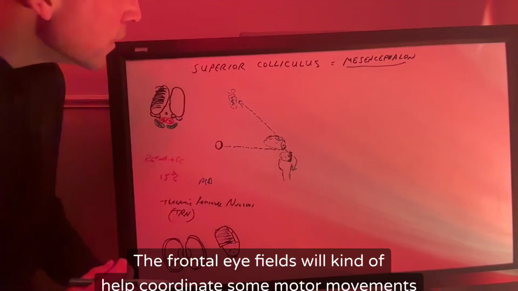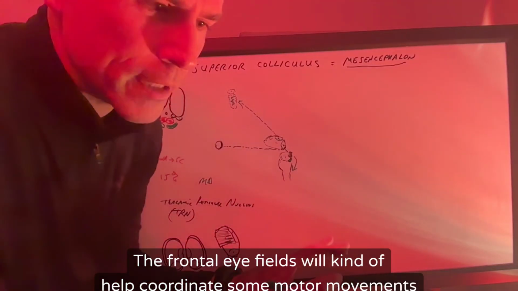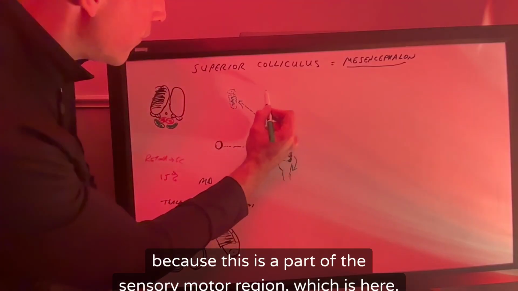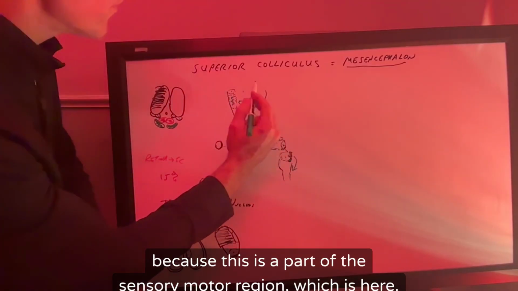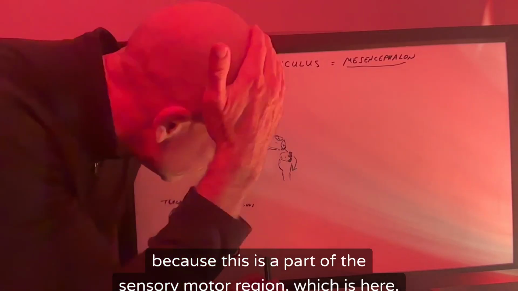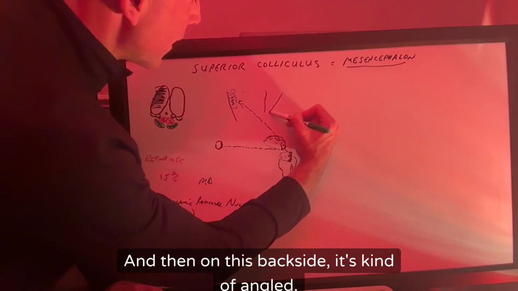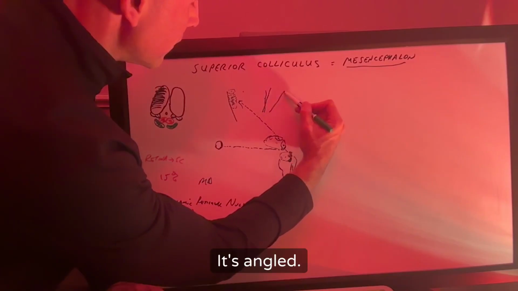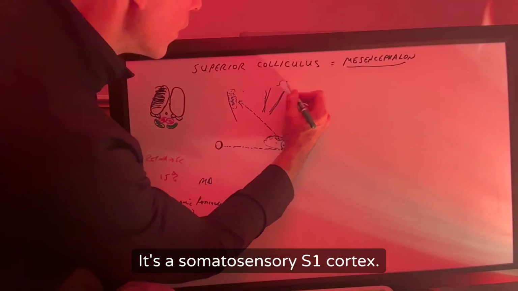The frontal eye fields will help coordinate some motor movements because this is a part of the sensorimotor region, which is here. And then on this back side, it's angled. Is somatosensory, S1 cortex.